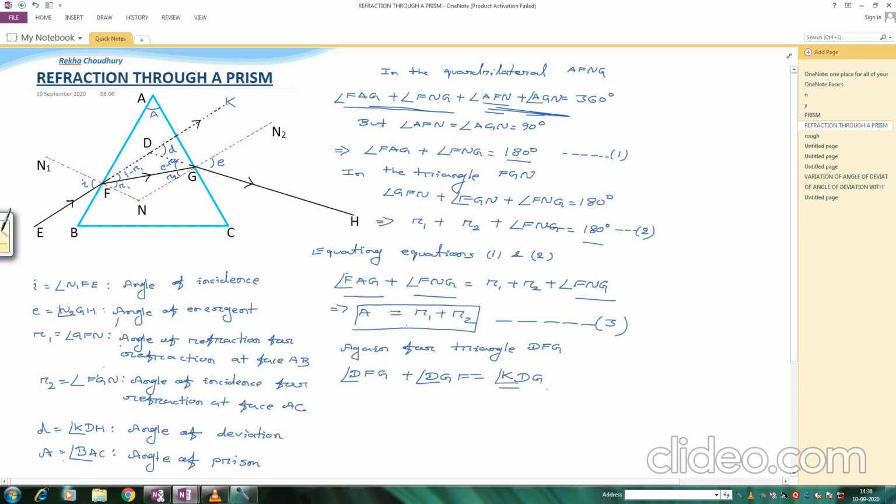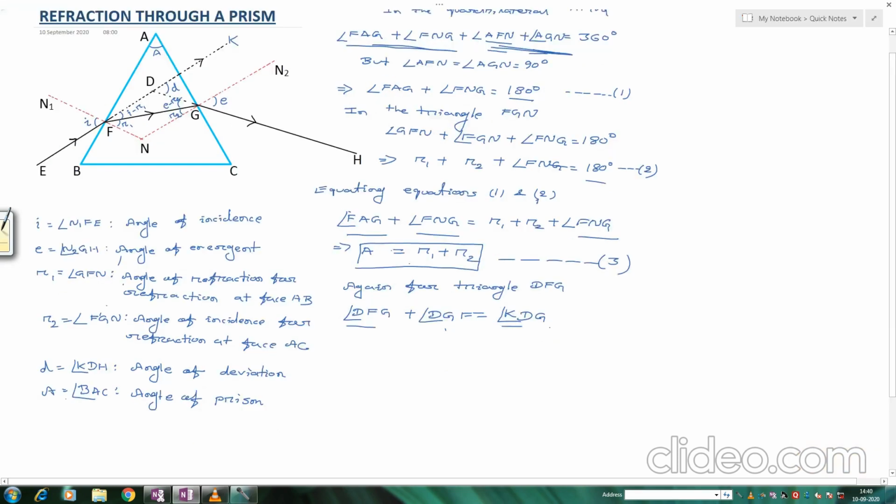KDG angle is the angle of deviation, and let us see what the values of DFG and DGF are.